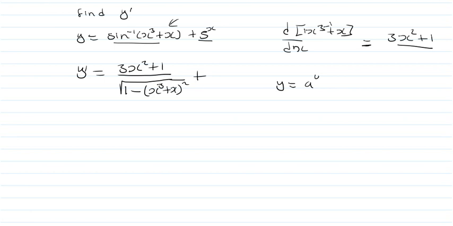To find its y prime, you take the derivative of u, which is u prime, multiplied by the whole function the way it is, a to the power u, then multiplied by the natural log of the base, which is a in this case.